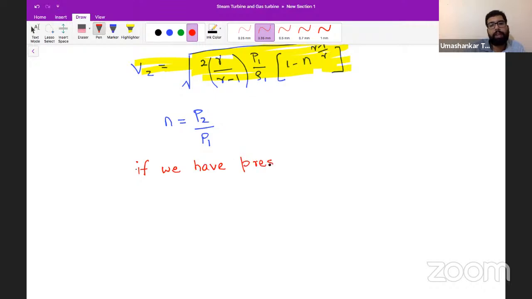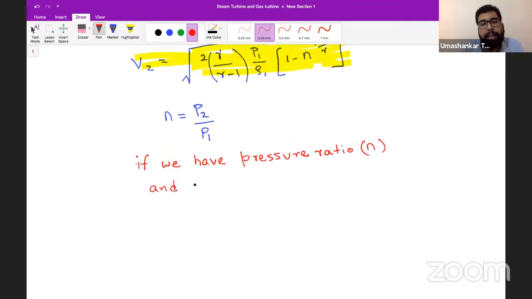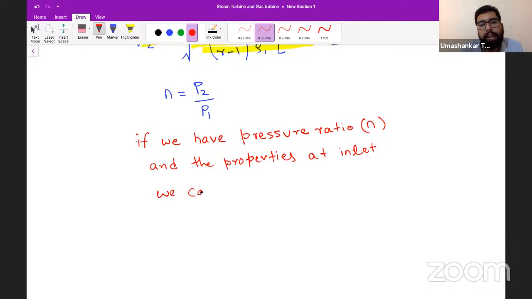If we have the pressure ratio n and the properties at inlet, we can find the exit velocity of a converging nozzle. Say yes or no.